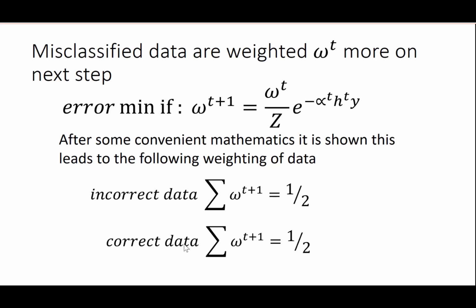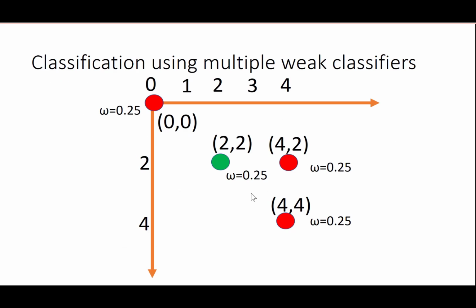So in the case that I've got 3 correct data points, it means that it's a half divided by 3, so each one of these is going to be weighted at 0.16666. And there's only 1 incorrect at the end of the first step, and that would be weighted then at 0.5. Okay, so we'll see how this works.